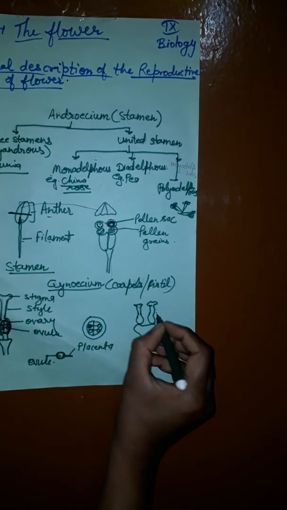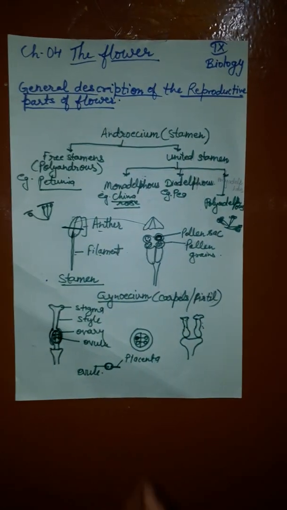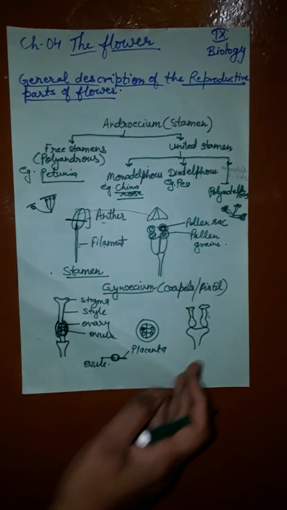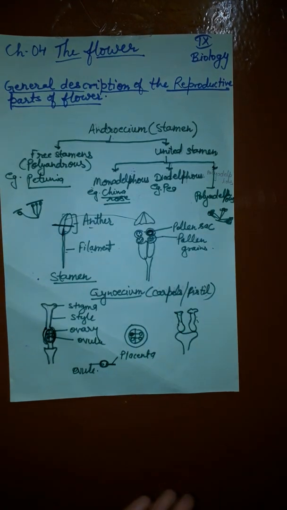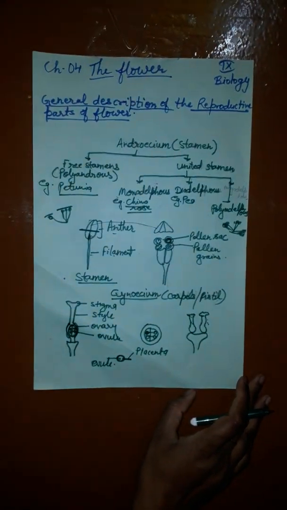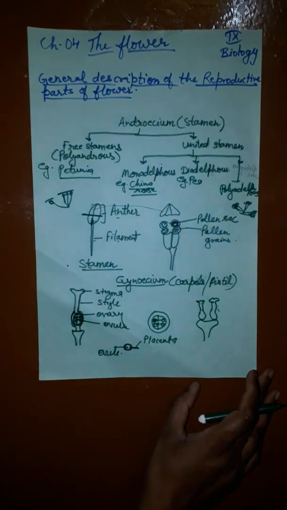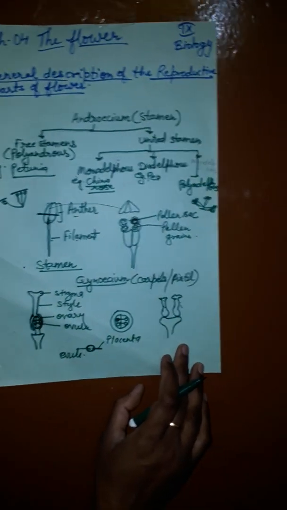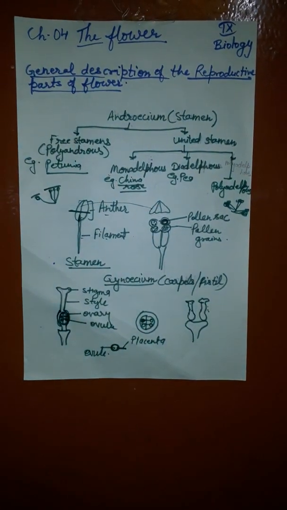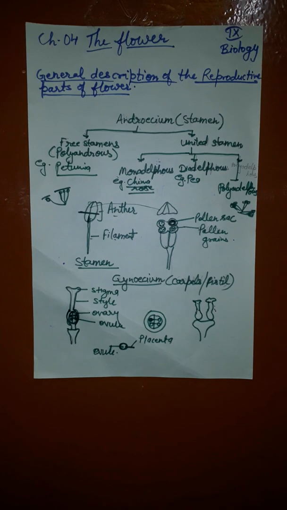If it contains two carpels, it is called bicarpellary, and more than two is polycarpellary. And if the carpels are free, the gynoecium is called apocarpous. If carpels are united, it is called syncarpous condition.